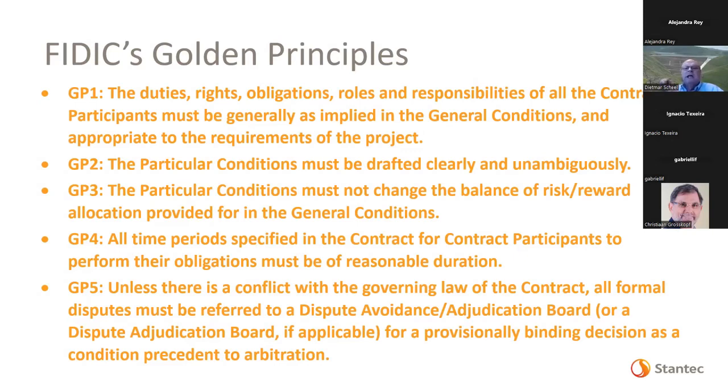But what I'm seeing in recent years, this whole dispute avoidance element of it gives you a far more educated dispute adjudication board. So a disputes review board, the project is not cold to them. So I wholeheartedly recommend Golden Principle 5 as well.